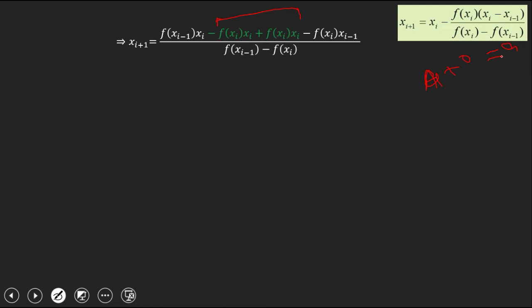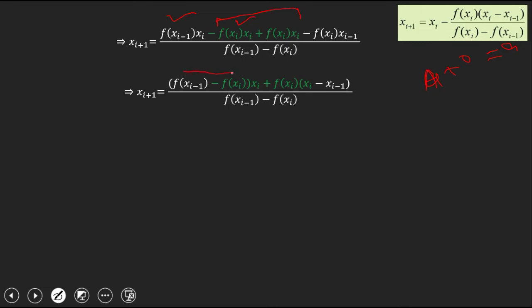Now we can take xi common from these two terms. So what will we get? We will get f of xi minus 1 minus f of xi, into xi, and from here we can take f of xi common.